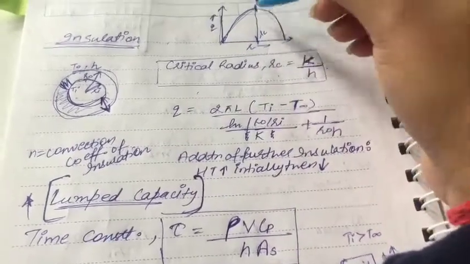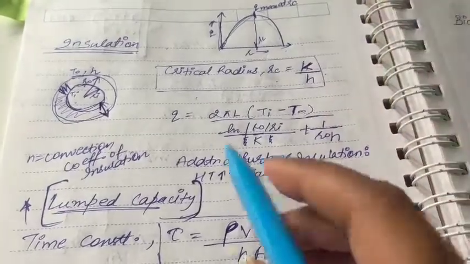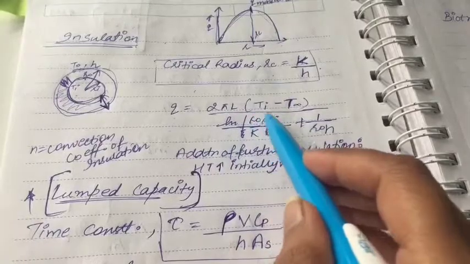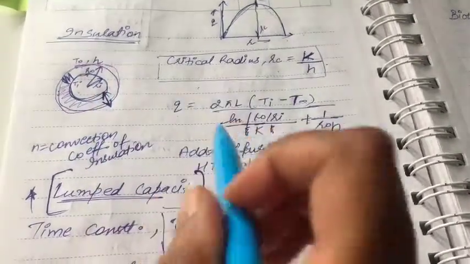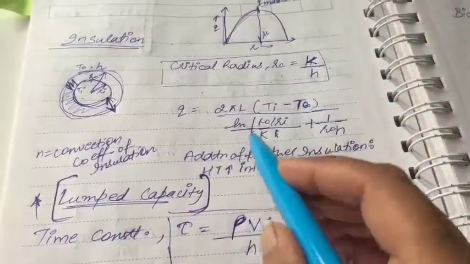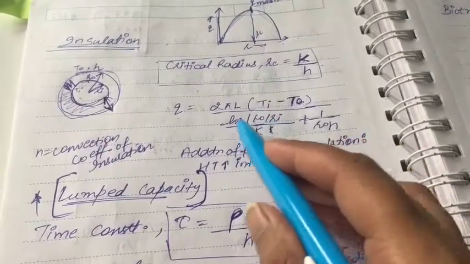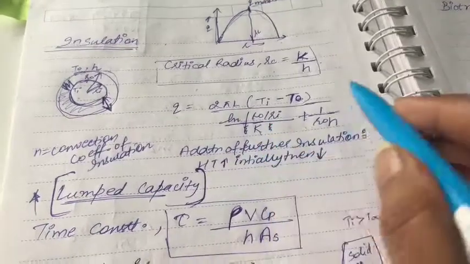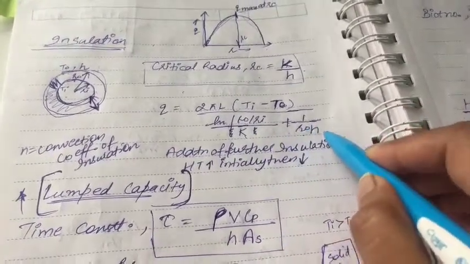Then if we increase the radius further, there is a decrease in heat transfer. So Q would be 2 pi L (T inside minus T outside) upon ln(r naught by ri) upon k plus 1 by r naught h, outside radius into heat transfer coefficient.